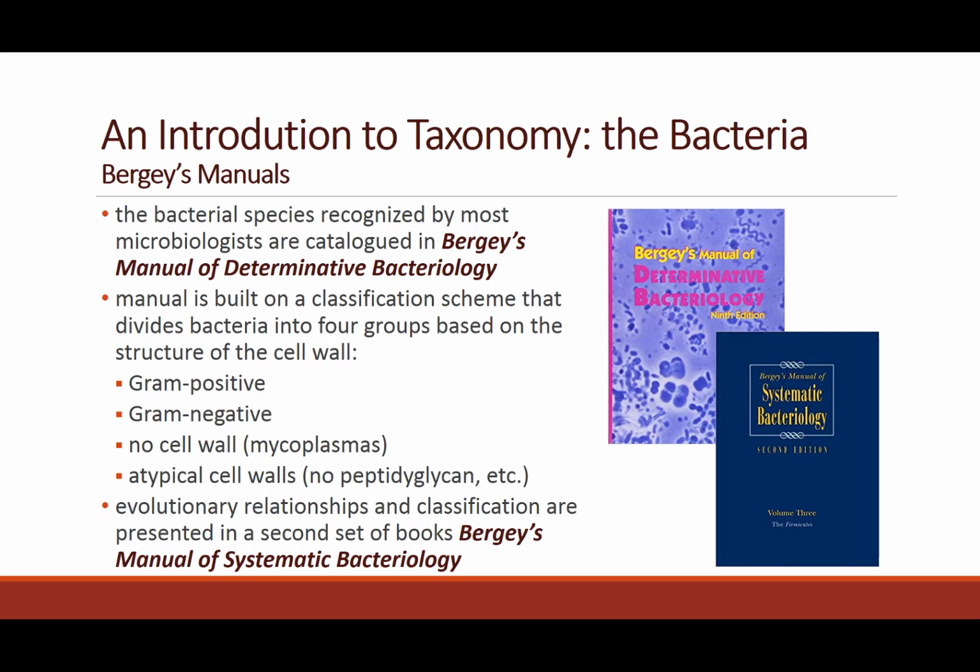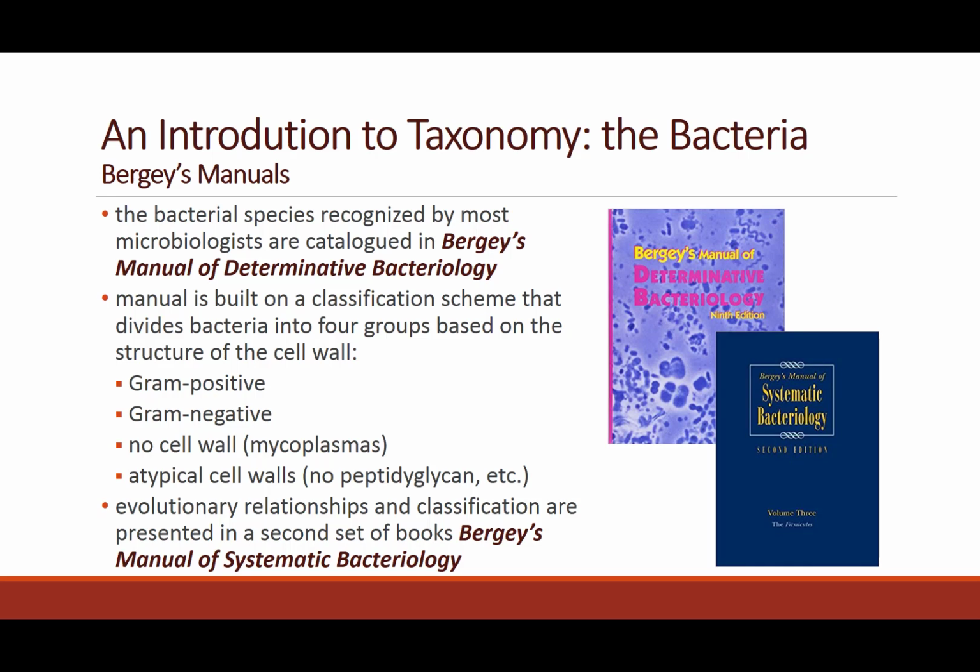Okay, so what are the tools that microbiologists can use to identify organisms that they have discovered, or to place the organisms they are working with within an evolutionary, phylogenetics perspective? What is used is two sets of books.